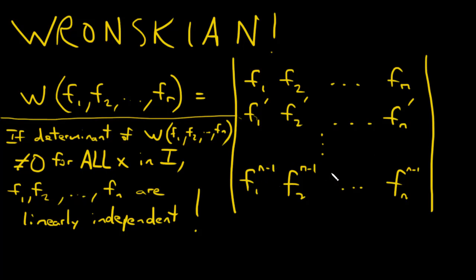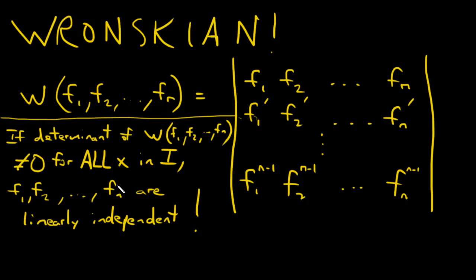When I take that determinant, I then check to see if it is ever equal to 0 for any x inside the interval. If it does not equal 0 for every x I can throw at it in the interval, then it's linearly independent. We have locked down that f1, f2, all the way up to f sub n are linearly independent.